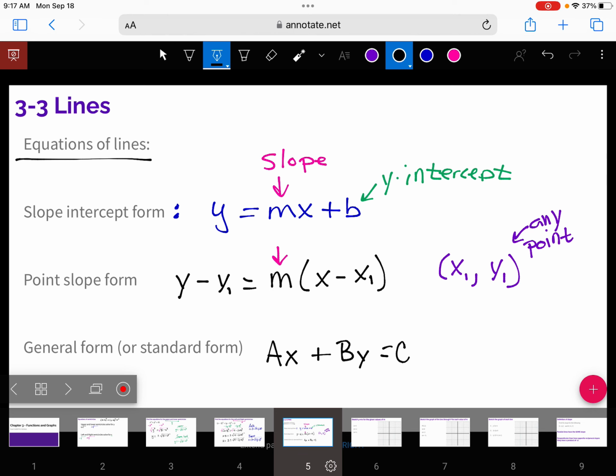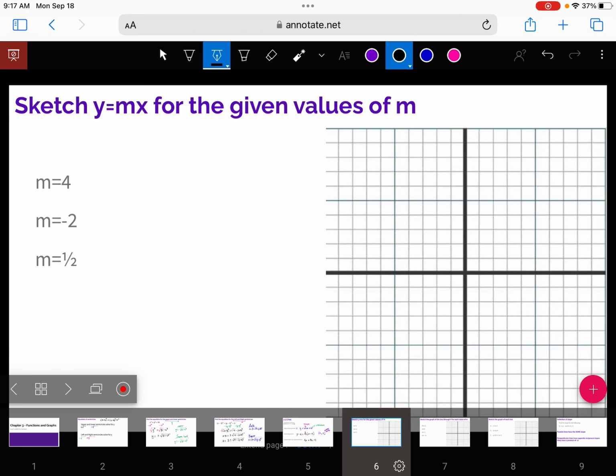All right. We're going to play with lines a little bit. Which means it might be helpful to have some graphs. We're going to sketch them. If you want to just sketch them in your graph without graph paper, that's totally fine.